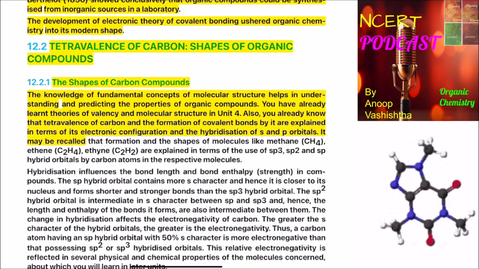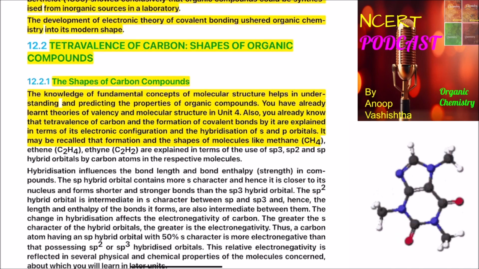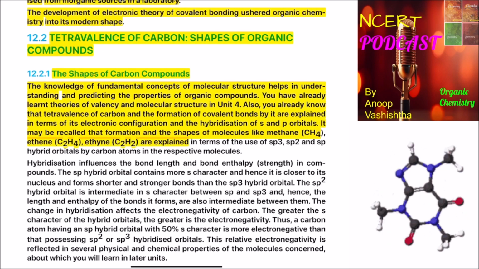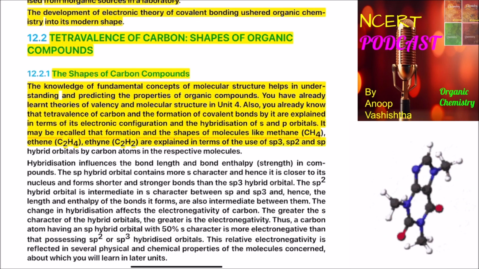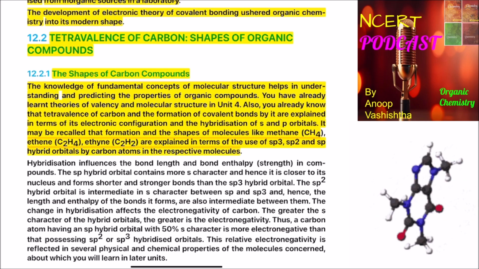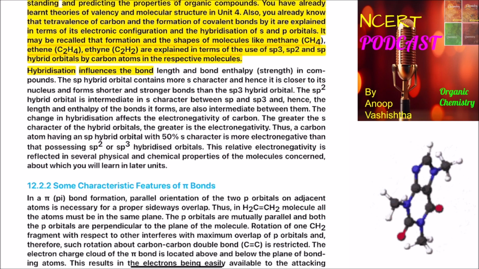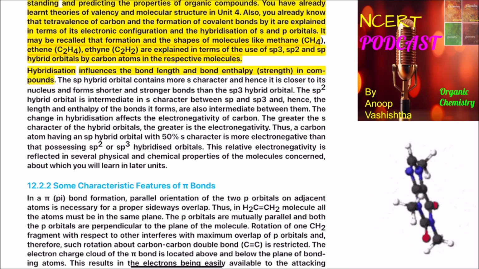It may be recalled that the formation and the shapes of molecules like methane CH4, ethene C2H4, and ethyne C2H2 are explained in terms of the use of sp3, sp2, and sp hybrid orbitals by carbon atoms in the respective molecules. Hybridization influences the bond length and bond enthalpy, or strength, in compounds.